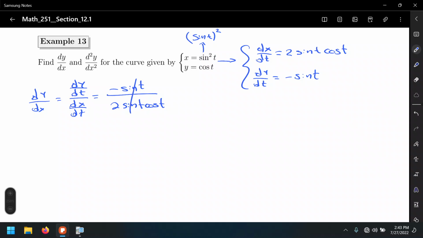And notice how these signs cancel, and we get negative 1 over 2 cosine. And we can further use trigonometric identities. We can write that cosine in the numerator using which function? Secant. Okay, so we can use that as a secant. So negative 1/2 secant.